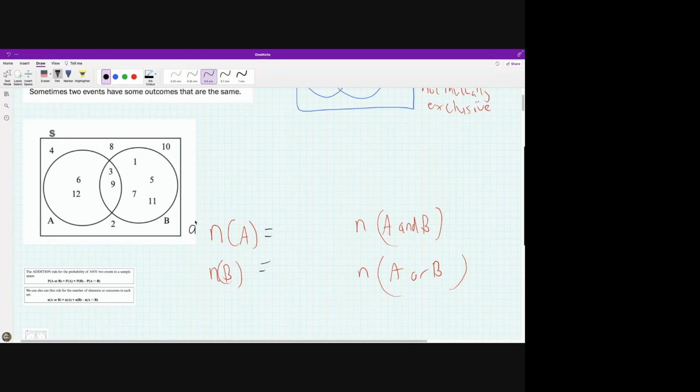So we'll call this A, B, C, D, and N means the number of items.